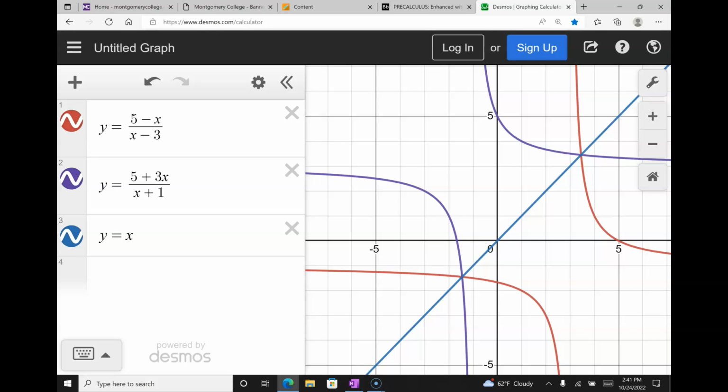Identical. No reflection. But about what? Yeah, about what? About y equals x. Why?